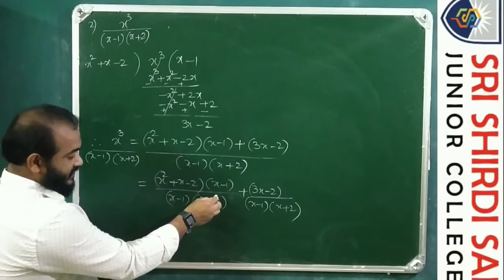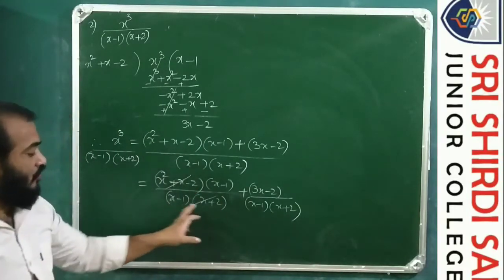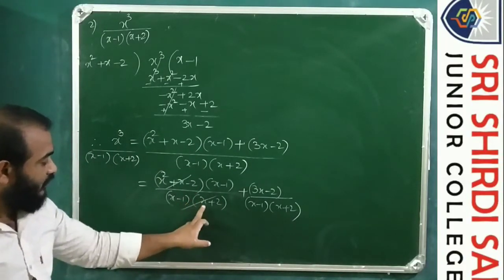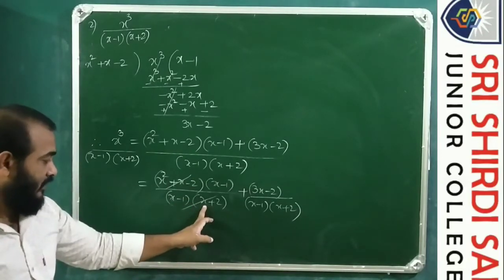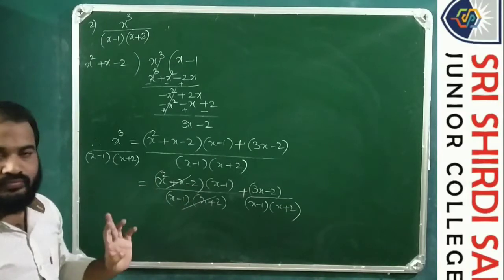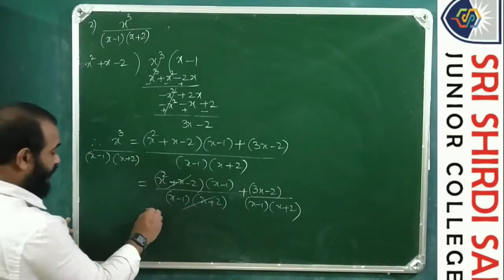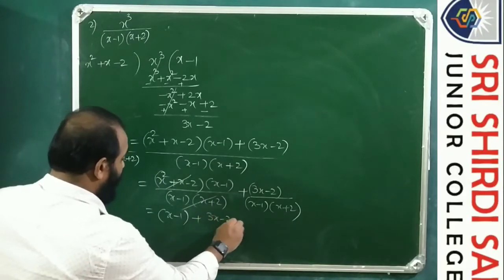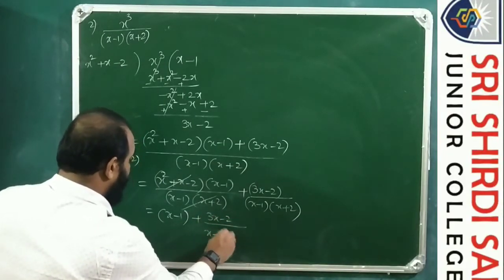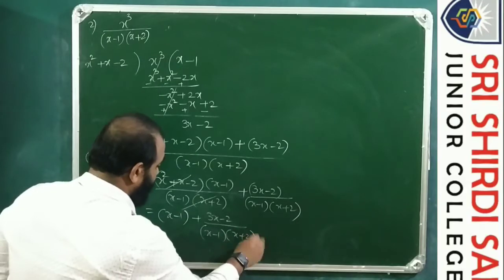These two get cancelled because x minus 1 into x plus 2 is nothing but x square plus 2x minus x, which is x square plus x minus 2. So this is equal to x minus 1 plus 3x minus 2 by x minus 1 into x plus 2.